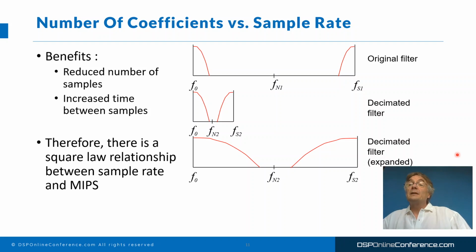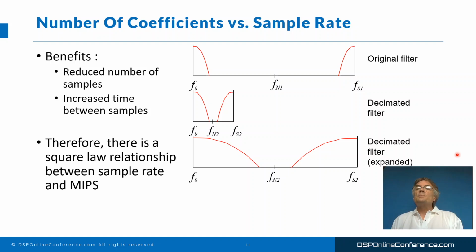Okay, so let's have a think about this process of downsampling and how it has benefited our application. We've simplified it here, but if we think about the original scenario where we have a high sampling frequency, then supposing we just have to implement a very simple low-pass filter in baseband, but with an oversampling frequency fs1.